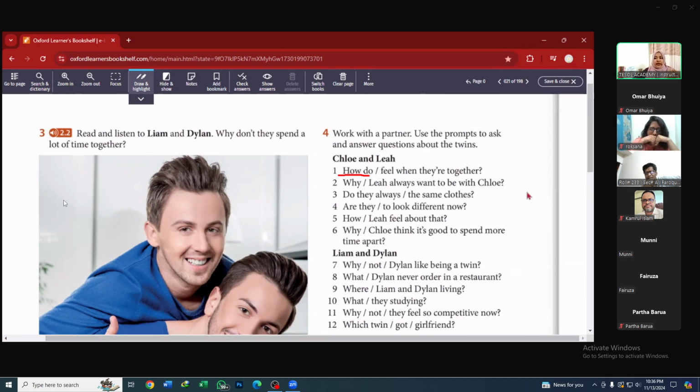How do you feel when they're together? We're not talking about us, right? If you ask how do you feel, how will I feel if they're together? I don't know them. How will I feel? So it's not based on me. It's based on the twins. So how do they feel when they're together? That is why the second prompt is given, so that we understand who or what we are talking about. Okay. I hope all of you understood now.